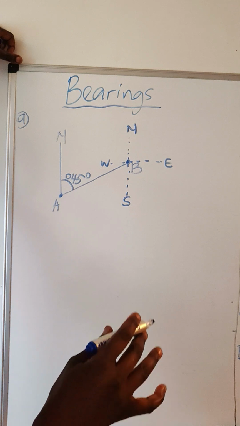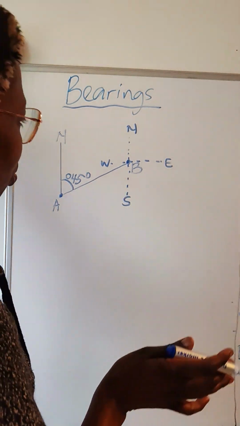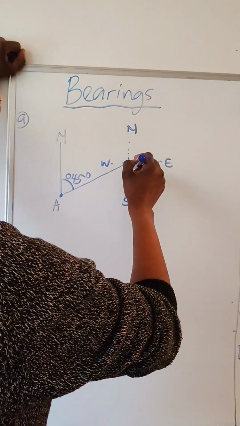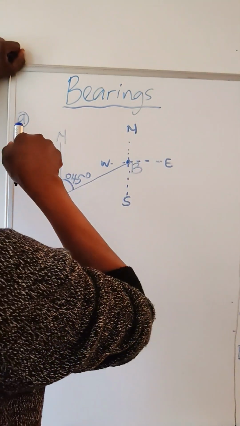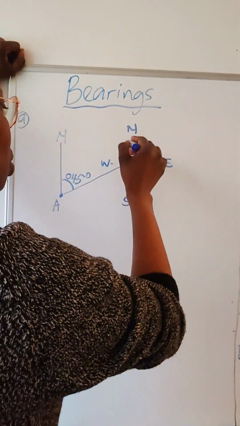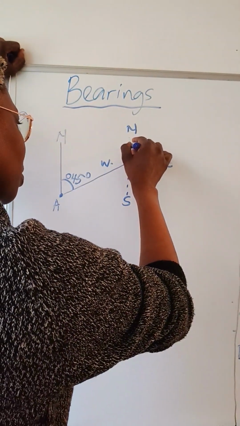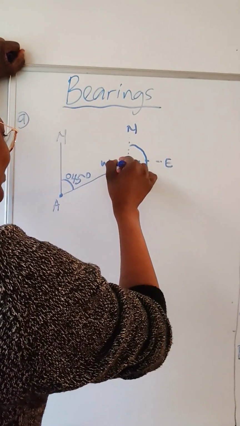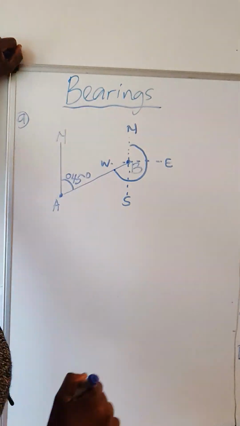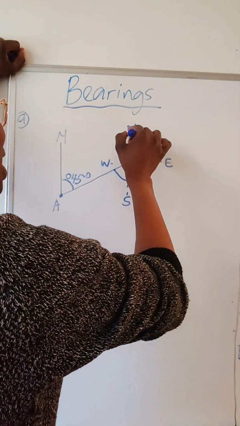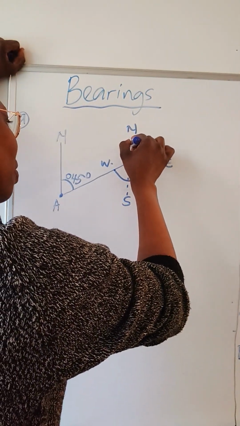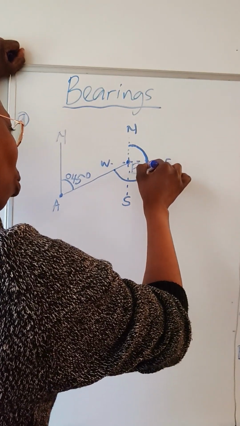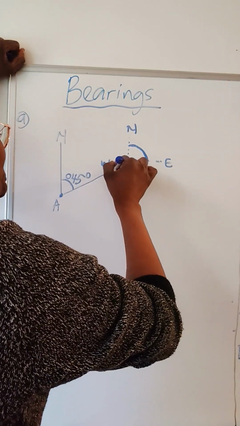For bearing, we're going to move from the north clockwise. So from point B, getting the bearing of A from B now, we move from the north of B clockwise to get to A. What we want to find now is the angle from B north clockwise to A.